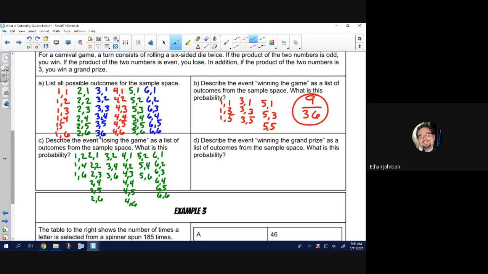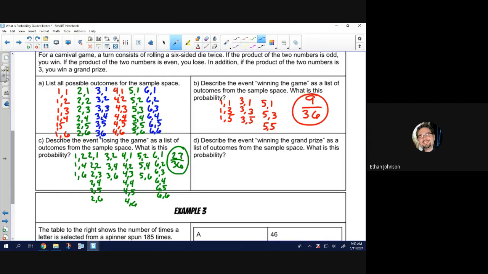Well, counting all of our numbers of options of the success, you would get 27 total of them out of this 36. Once again, I did not simplify my fraction. I did not put it in as a decimal.